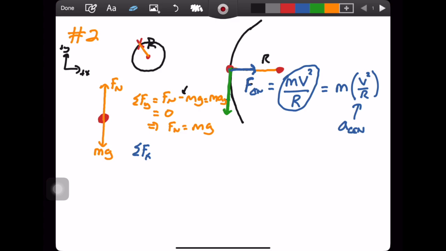And we're also told that the ice is melted. And so that means that there's going to be friction between the tires of the car and the road. When it's ice, you have less friction. You'll have more slippage.